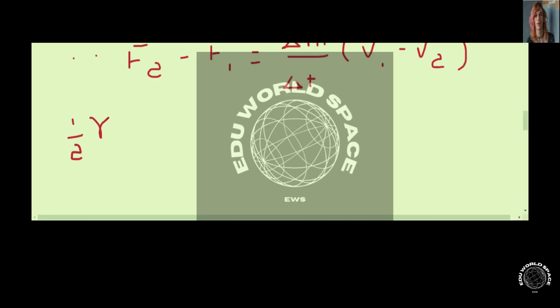So I can put everything here and rewrite this formula as 1 half gamma B D2 square minus 1 half gamma B D1 square, which is my F1, is equal to rho Q, that is my delta M upon delta T, and instead of V1 I can write Q upon BD1 minus Q upon BD2.